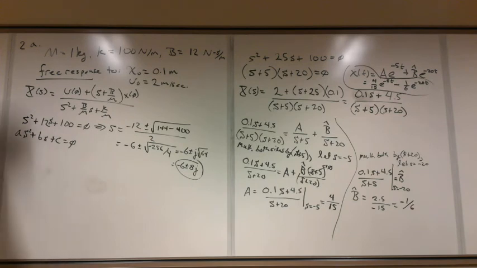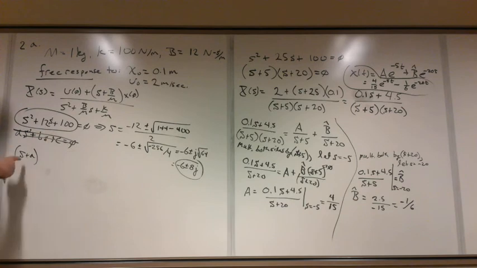What you'll find is, let's see, how should we go about doing this? We've got to complete the square. How about we do that? So we know that this then is going to be s plus little a, a different little a, not the same little a here.